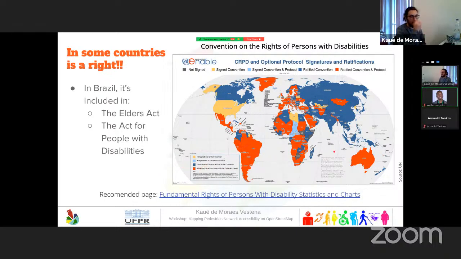The ones in red are the ones that joined with the full protocol, the blue ones only the main part, and the light blue ones only the complementary part.